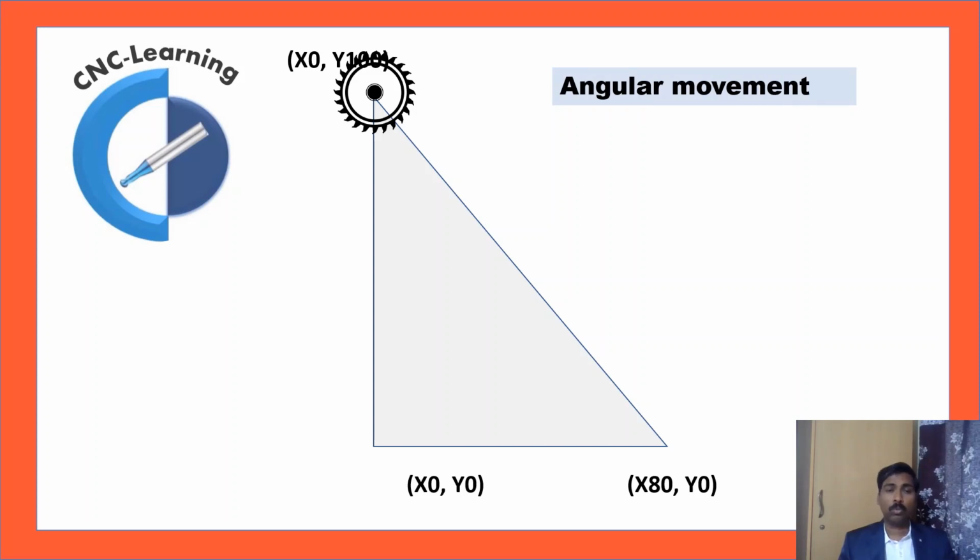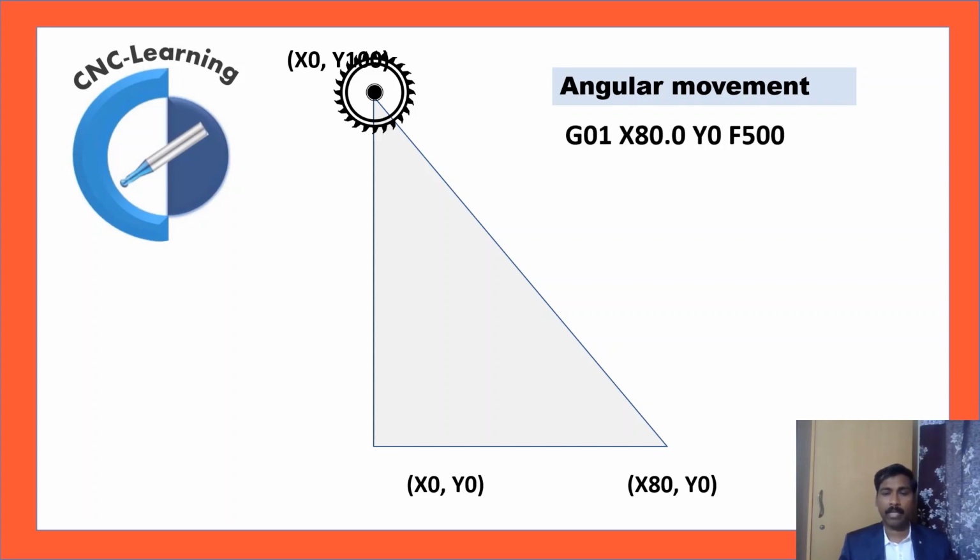Now, how to program an angular movement? We define the start point and end point. Now the cutter is already at x0, y100. Now if the next command defines x80, y0, then it will automatically move there in an angular fashion.